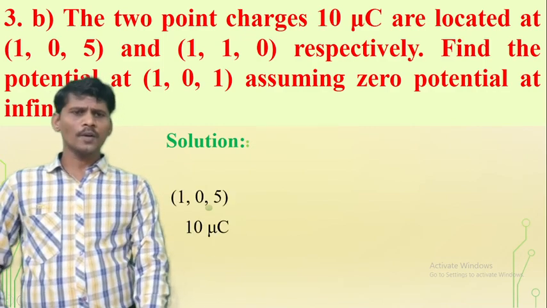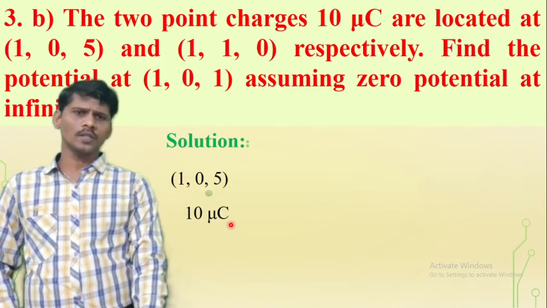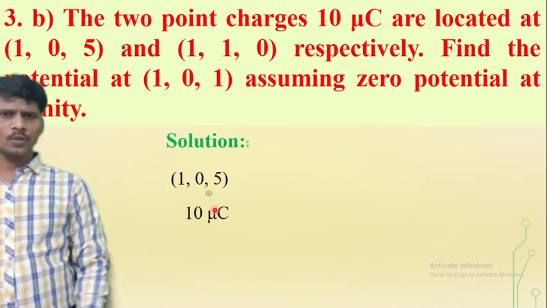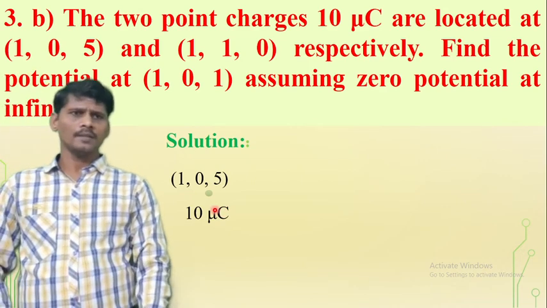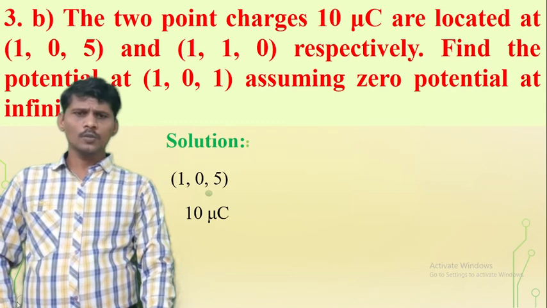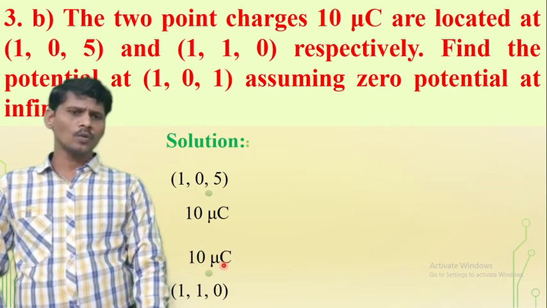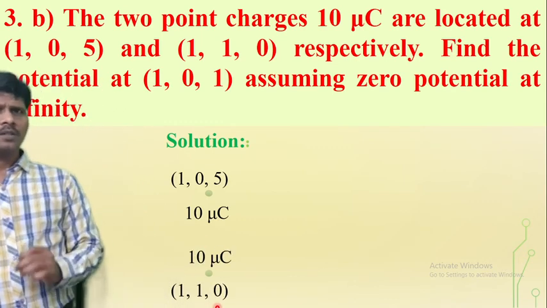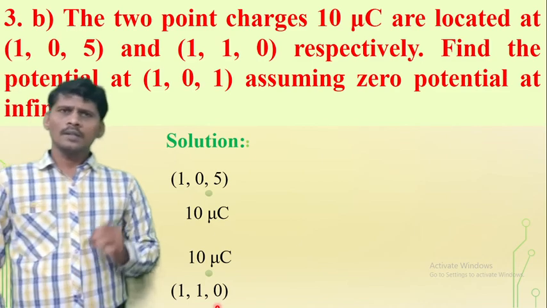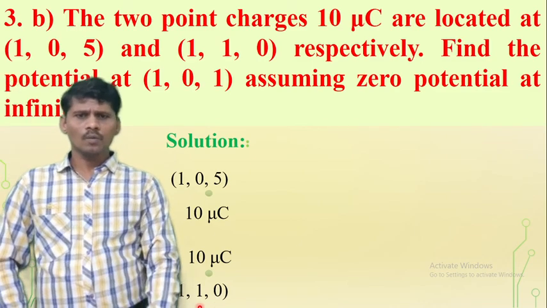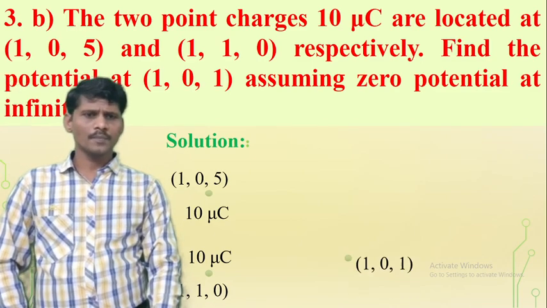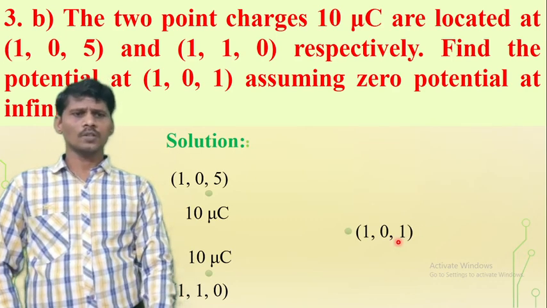The first point charge Q1 is located at the 1, 0, 5 coordinate point, and the second point charge Q2 is equal to 10 microcoulombs, located at 1, 1, 0. Calculate the potential at 1, 0, 1.